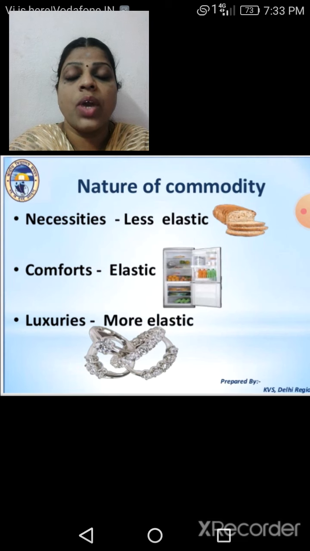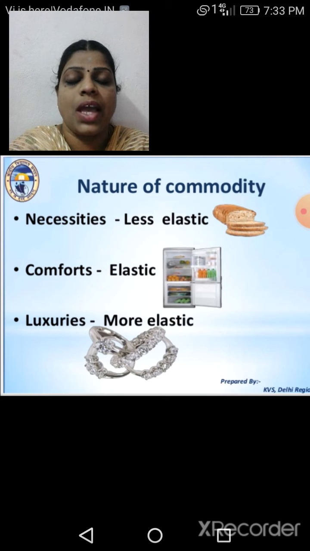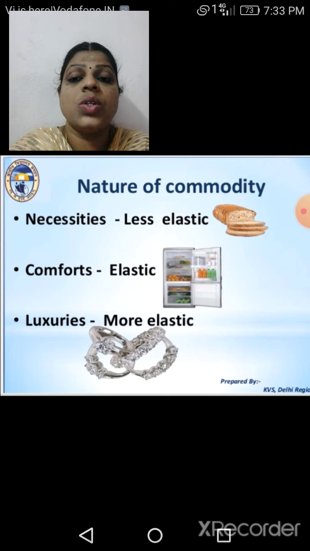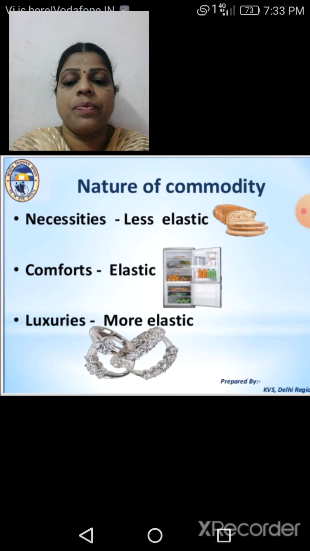When price increases, according to that, the demand changes. That is, it is more elastic, with more responsiveness in the demand. So this is the first factor which determines the price elasticity of demand: necessities, comforts and luxuries.